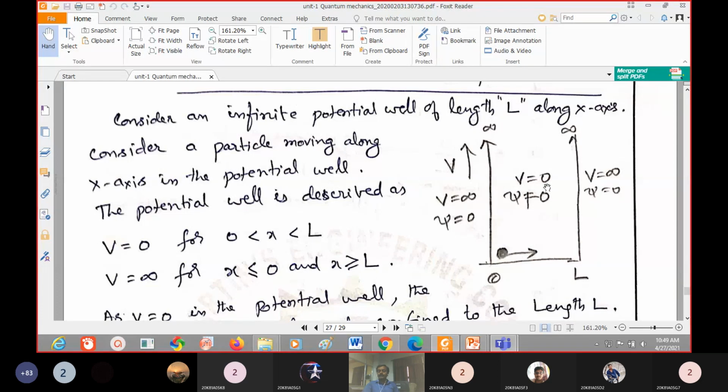So at the boundaries the potential is infinity and the wave function is 0; inside the box the potential is 0 and the wave function is not equal to 0. Whether electron, proton, or neutron, it will move very freely inside the box. This is about the particle in a 1D box.